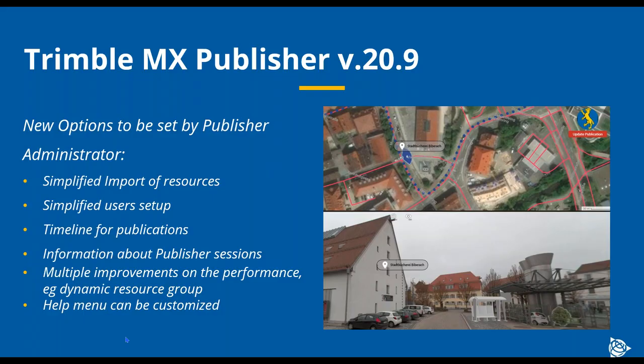Now we have introduced multiple improvements for Publisher administration. That means that now it's simpler to handle a big number of users for publication or a big number of resources. So now it can be set in an easier and, importantly, in a safe way. Also, the administrator can manage the timeline for publication.